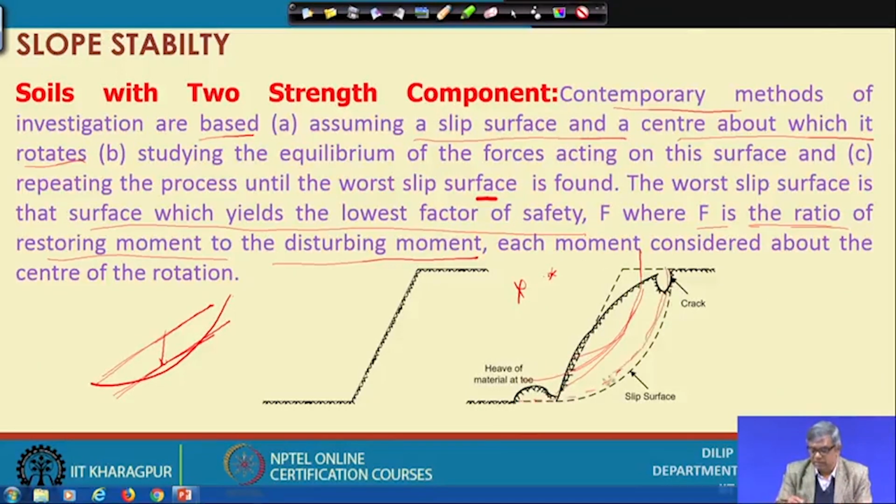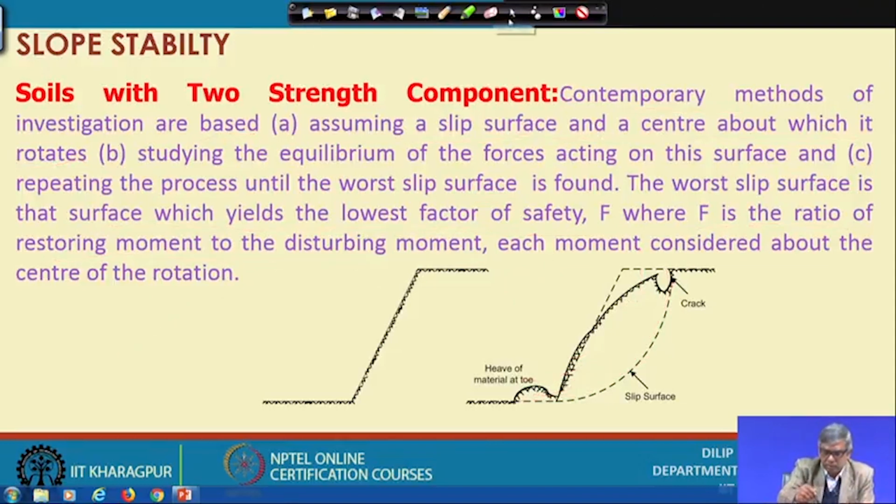If I take moment of that shear strength with respect to this center, it resists the movement of the mass. These two we have to compare, and obviously resistance has to be always more than the disturbance, then only it will be stable. So, the factor of safety is defined once again.